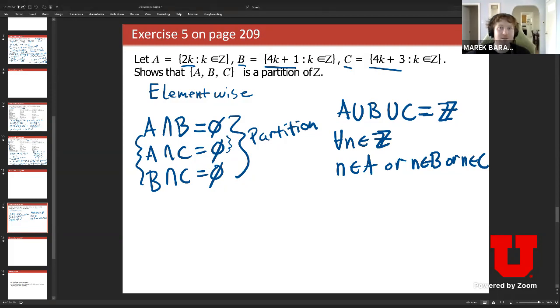Interesting. I see. I'll finish the solution and okay, maybe we do have solutions posted.